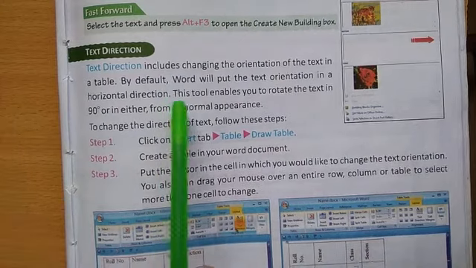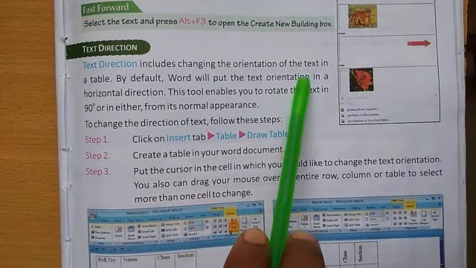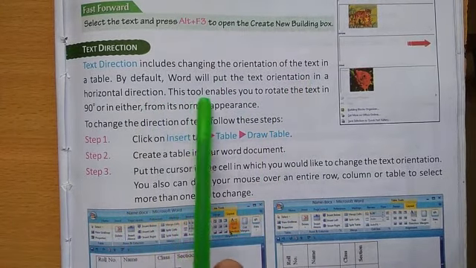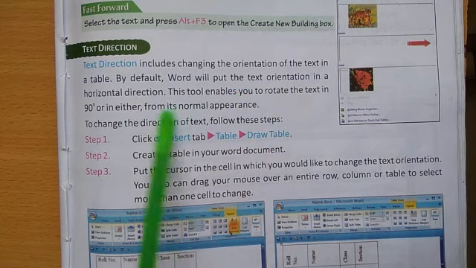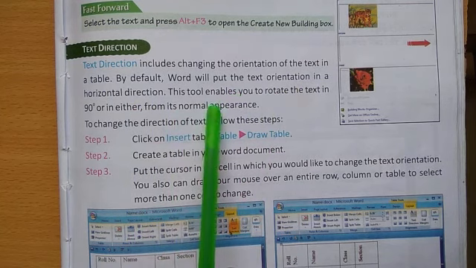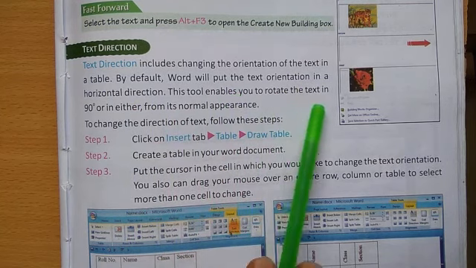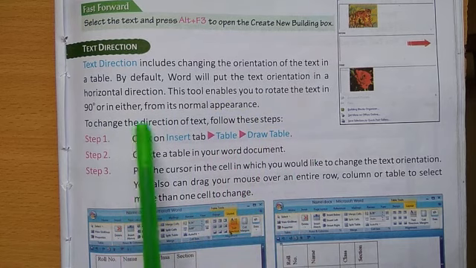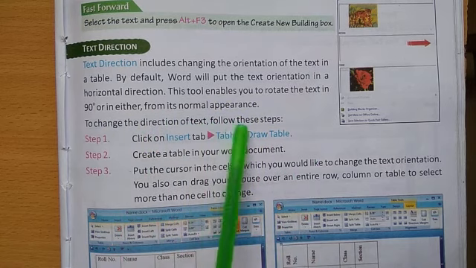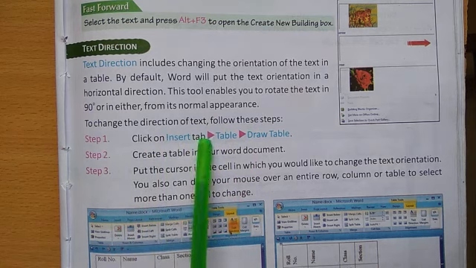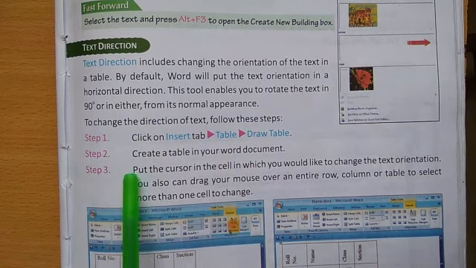Text direction. Text direction includes changing the orientation of the text in a table. By default, Word will put the text orientation in a horizontal direction. This tool enables you to rotate the text by 90 degrees in either direction from its normal appearance. To change the direction of text, follow these steps.